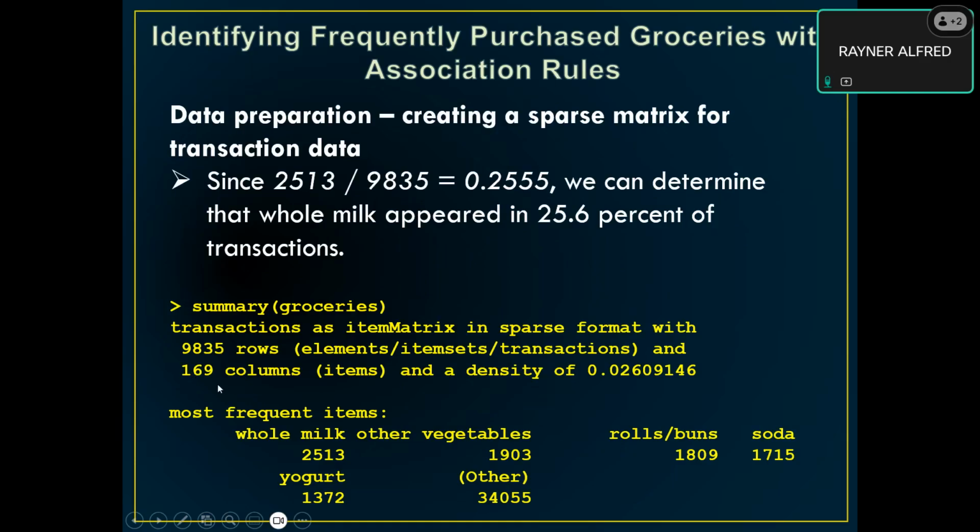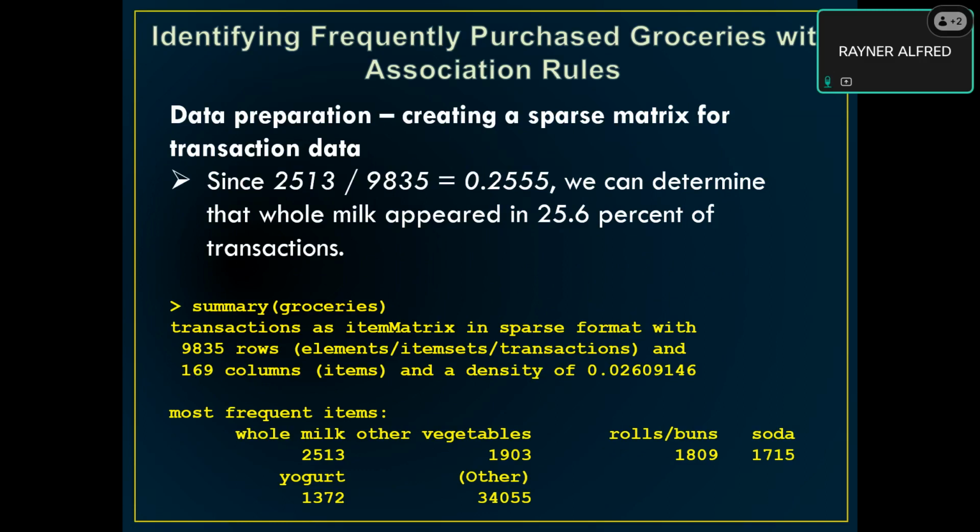So this is the most. One transaction bought 169 items. Remember that we have a different number of columns for each row. It depends on the number of items.